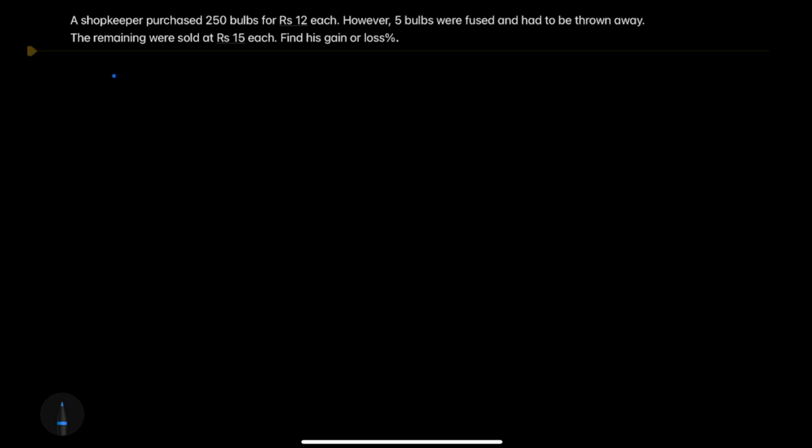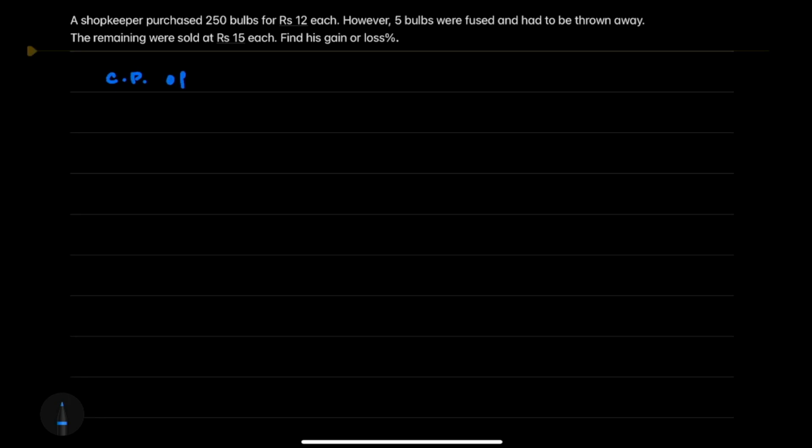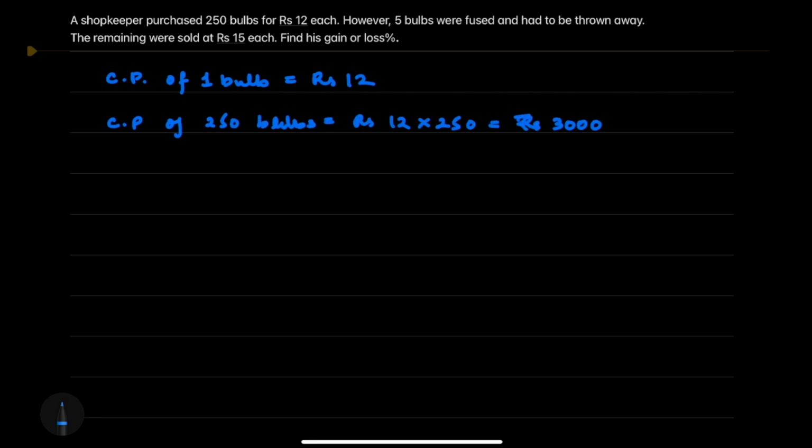So we know cost price of one bulb is 12 rupees. So cost price of 250 bulbs is 12 into 250, which comes out to be 3,000 rupees. So there were 5 bulbs that were fused. So the remaining bulbs would be 250 minus 5, which comes out to be 245. And those were sold.